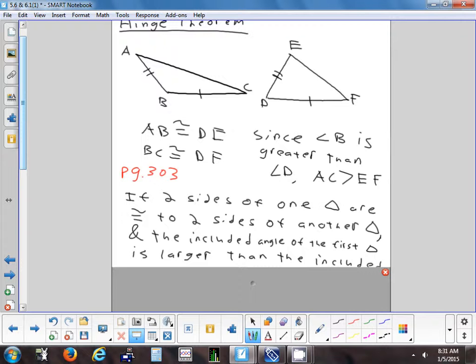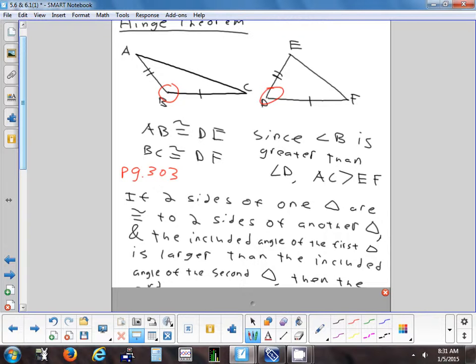And the included angle, that means the angle that's right in the hinge, the angle that's between, or the angle that's formed by the two sides that are congruent, and the included angle of the first triangle is larger than the included angle of the second, what that means is that third side is going to be larger.